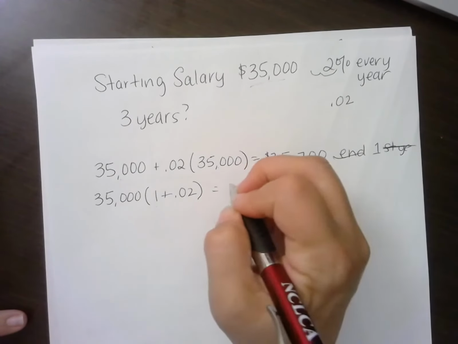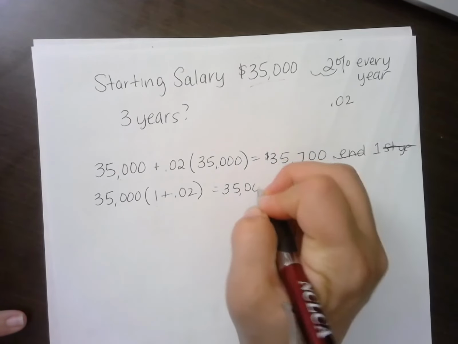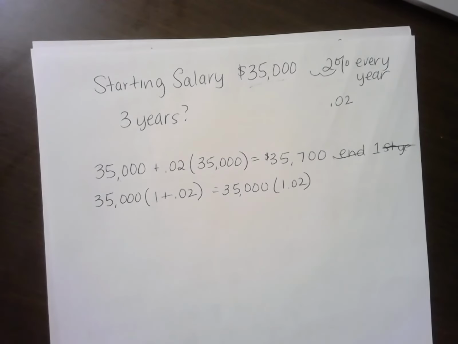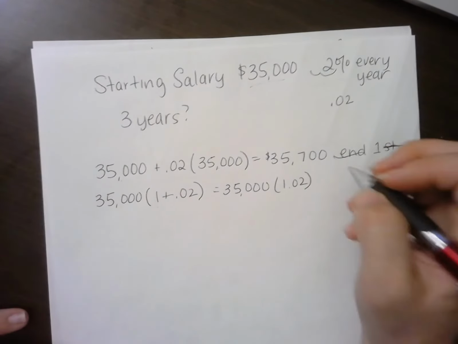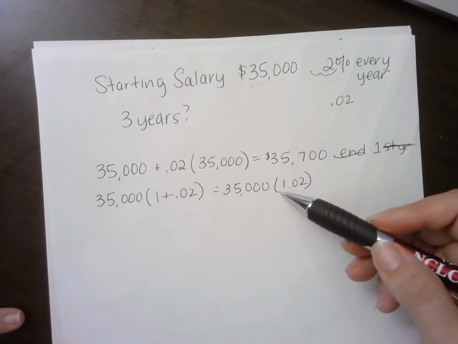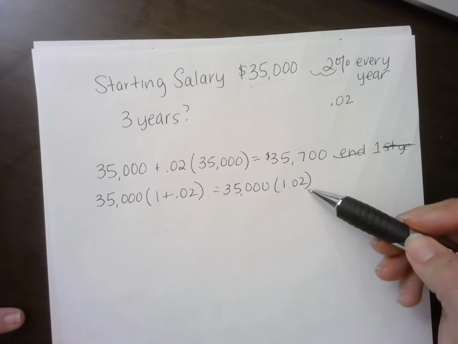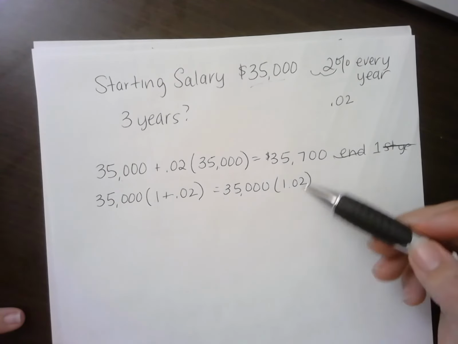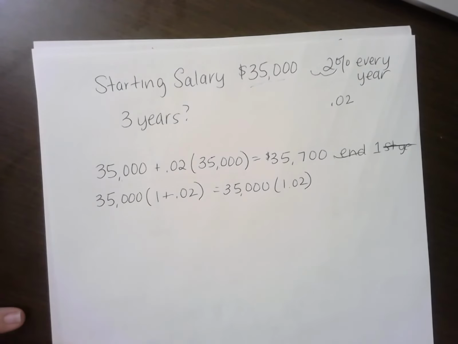So I could write this as 35,000 times 1.02, because I can add the 1 and the 0.02. This is another way. If I put 35,000 times 1.02 in my calculator, I also get $35,700. So I haven't changed it, I've just changed the way the equation looks a little bit.